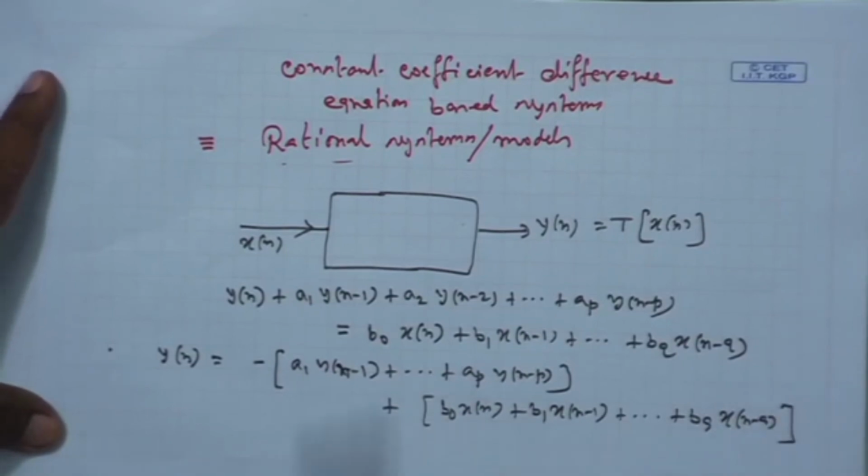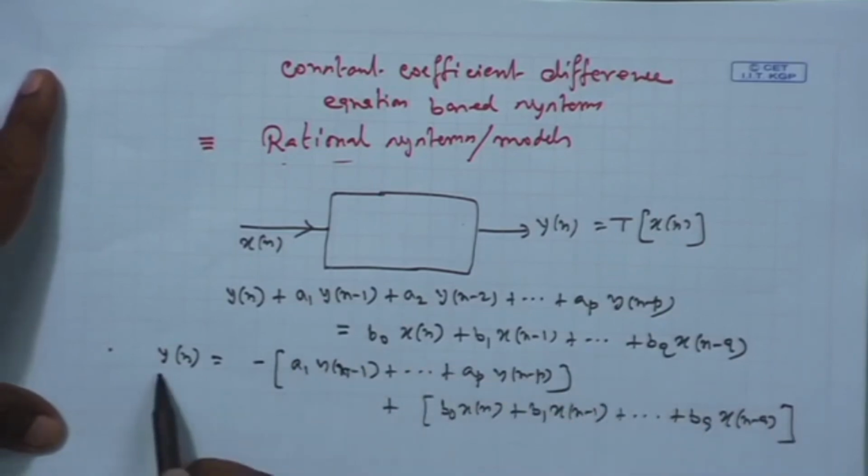Here, if the past outputs y[n-1] to y[n-p] are known, and of course the current input and past inputs are known, then you can carry out the right hand side calculation and you get y[n].